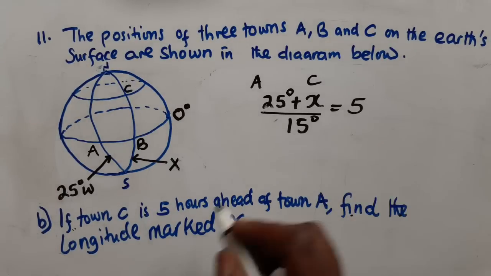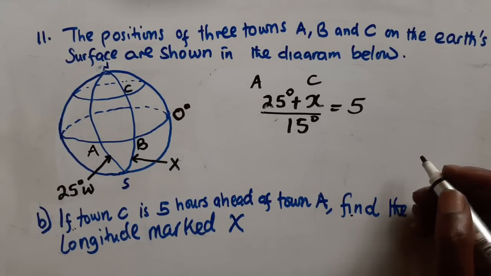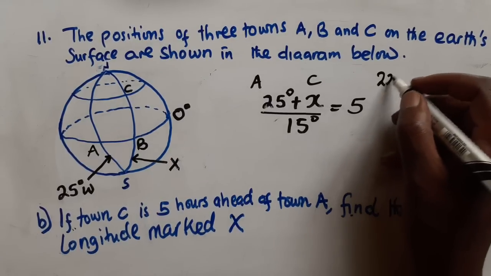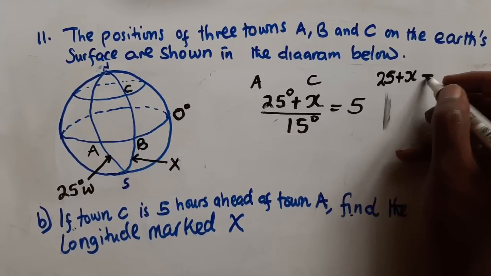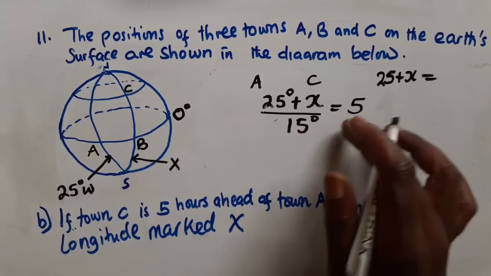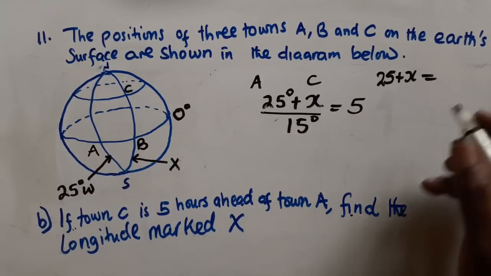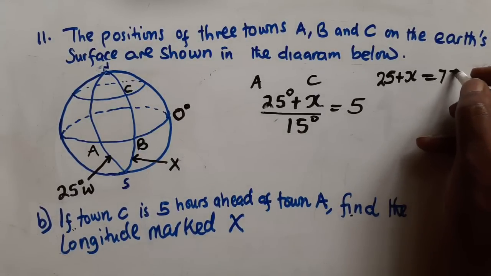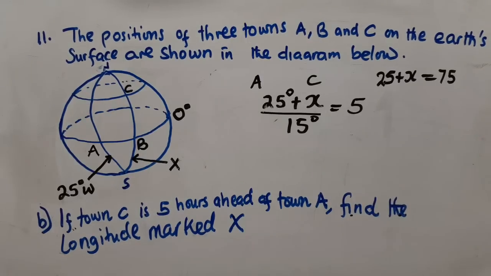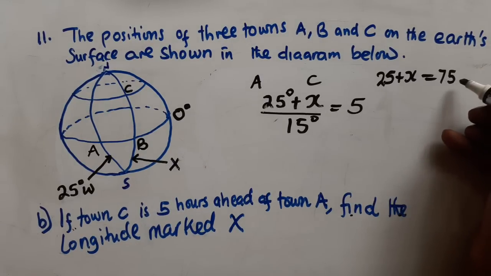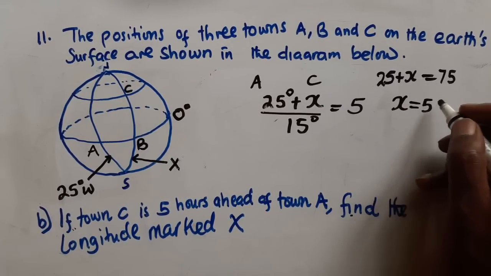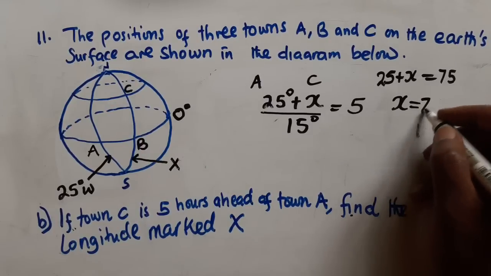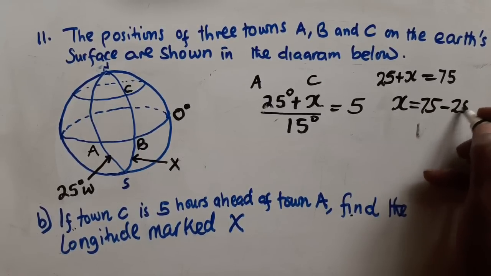So now we just have to solve this as an equation. Okay? So we have 25 plus x is equal to, we multiply these. When you multiply, what do you get? You're going to get 75. Alright? Am I right? You're going to get 75. Then to get x, you say 75 minus 25.